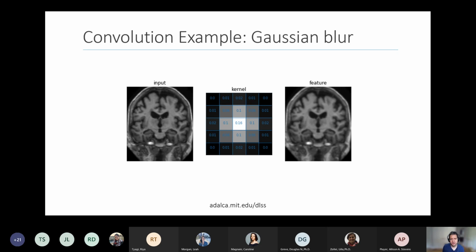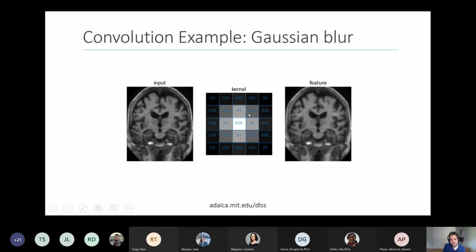Here's another example. This is a Gaussian blur. So this kernel is a little bit bigger, and it basically emphasizes the data itself that's at the center of the convolution when it moves around, but it incorporates some of the pixels around.